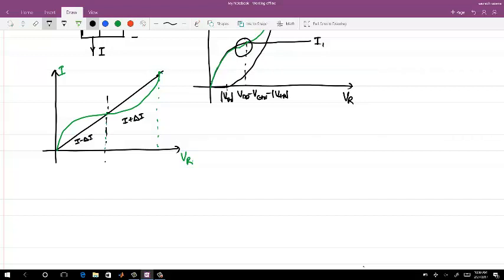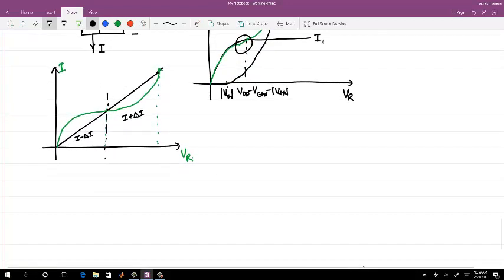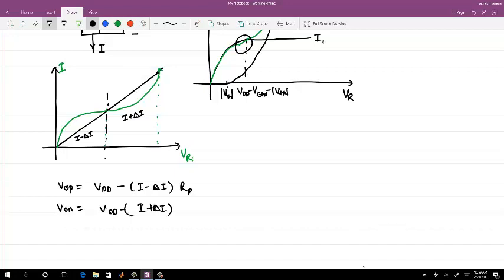So at I plus delta I, your resistance, we write VOP is equal to VDD minus I minus delta I times R1 or RP, and VON is equal to VDD minus I plus delta I times Rn. You work out both these Rp and Rn and substitute. You will find that the variation with respect to delta I, because it is symmetric on both sides, is very less.